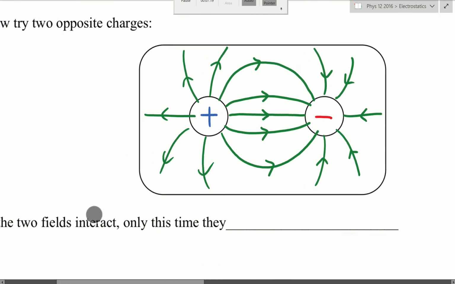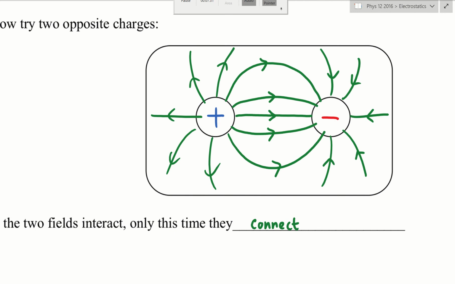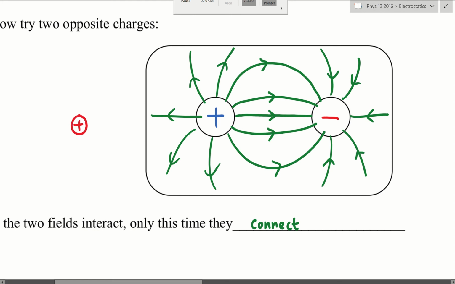Okay, so when two fields interact, in this case, they connect to each other if they are opposite charges. If you have two opposite charges, one positive, one negative, the electric field lines should connect to each other. Again, just one last time to remember, the electric field line is basically what happens to a positive charge if you put it near the system.